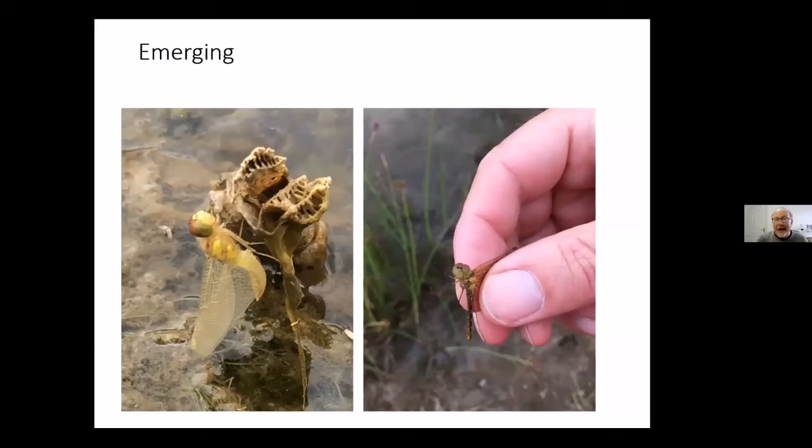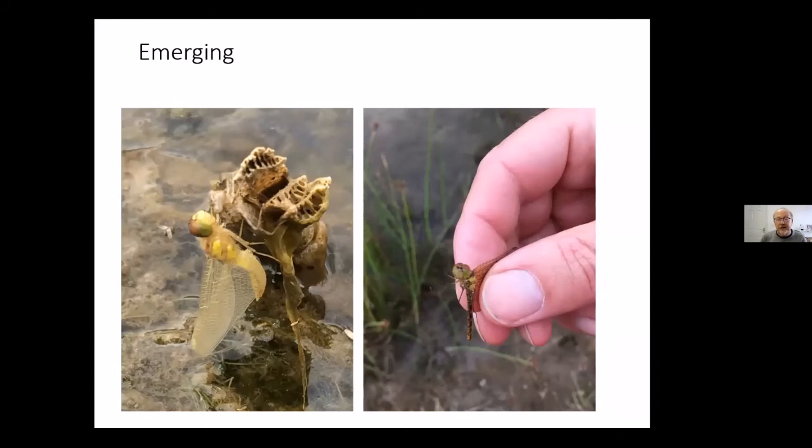What happens to that egg is it will hatch and become a nymph or larvae, and it will live anything between a few months and a couple of years under water as a nymph. They're very voracious.